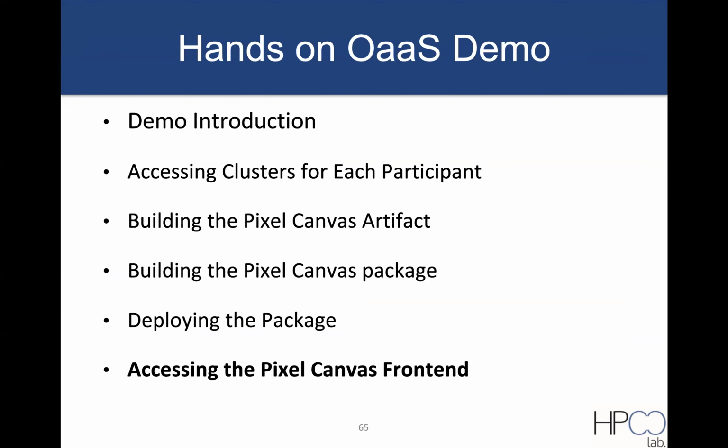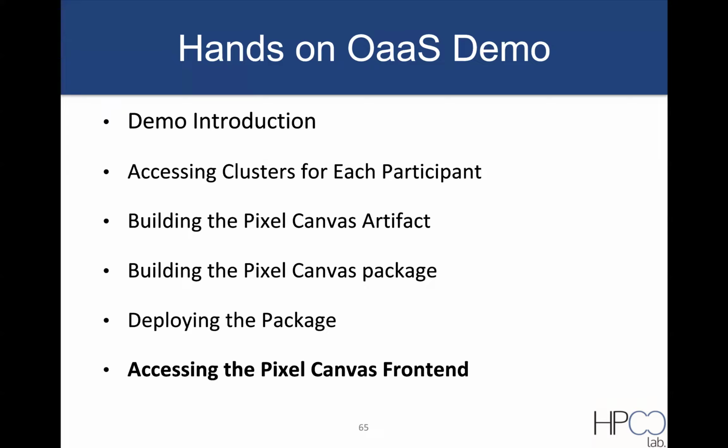Let's just recap what we did. We had the application that we want to deploy as an object, as a service in our framework. So we built the containers first, built the artifact, and then we used that artifact in the class definition. We pointed to that artifact in the class definition, then built the package and deployed it as a class or as an object.